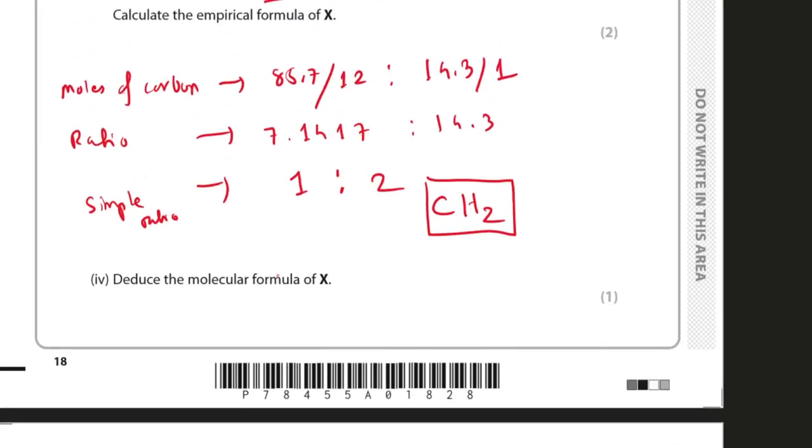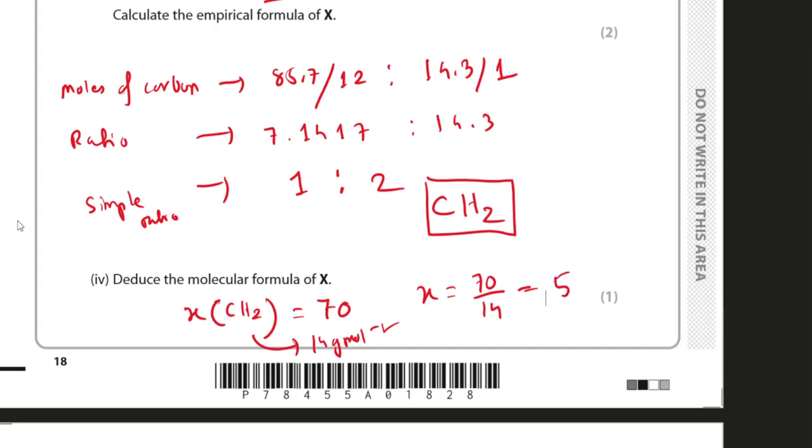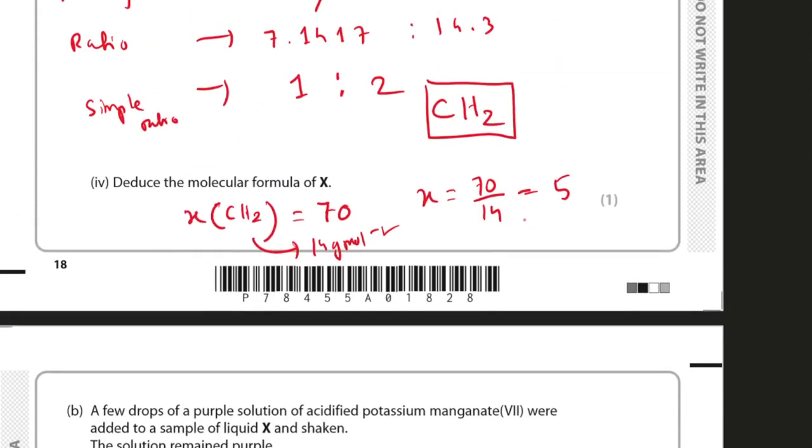So you can just write n times the empirical formula CH2, which is equal to the molecular mass of the molecular formula, 70. So n here is going to be 70 divided by 14, which is 12 plus 2 times 1, 14 is basically the molecular mass of the empirical formula down here. So what you get is 5. So eventually we can say the molecular formula would be C5H10.